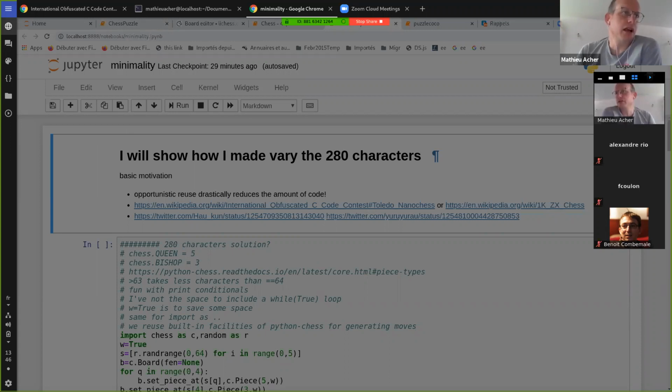I was thinking, oh, why not decrease the number of characters so that it can fit in a tweet, so that I can resolve this chess puzzle in one tweet, because a tweet is no longer than this number of characters. So my basic motivation is that, okay, opportunistic reuse drastically reduces the amount of code, sorry.